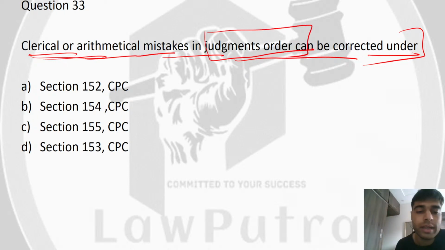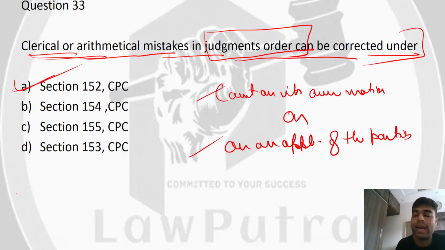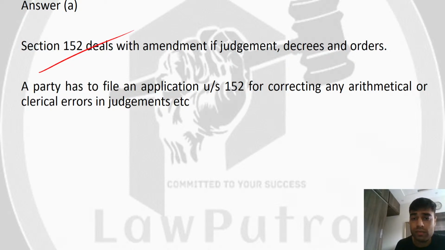It can be done under section 152. And the other part is, either the court on its own motion or on an application of the parties, okay? Either this or that, the court can do either. So the same section 152 deals with amendment of judgments and decrees.